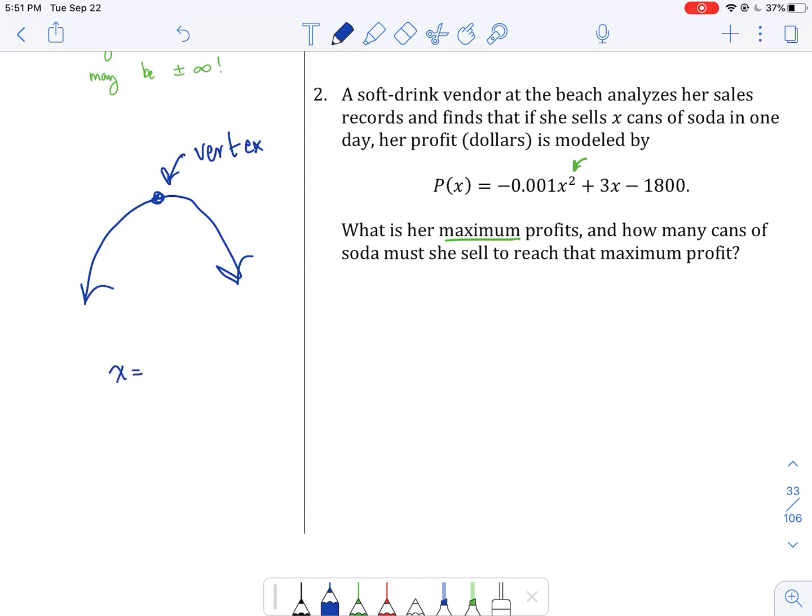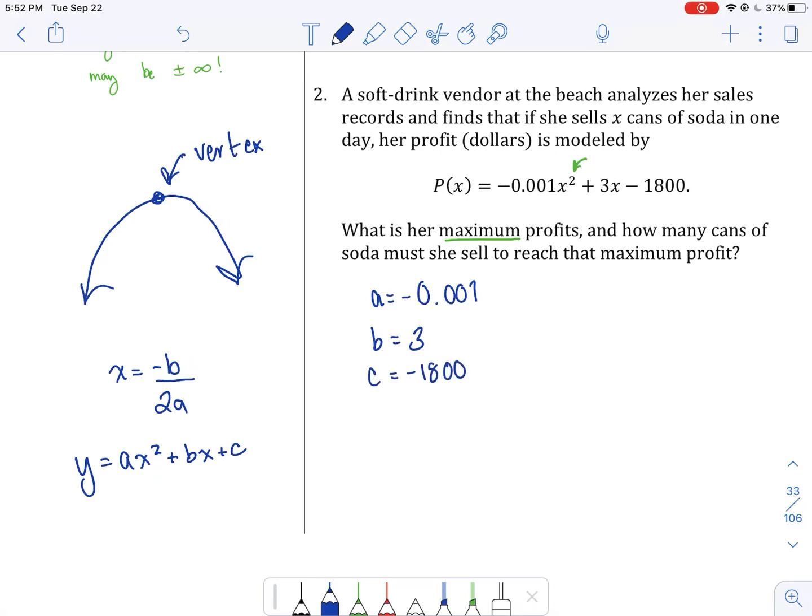Now, if we remember our vertex, that has the x value of negative b over 2a, where y is equal to ax squared plus bx plus c. So in this case, if I'm looking at this quadratic here, I know that a would equal negative 0.001, b is 3, and c would be negative 1800, like so.